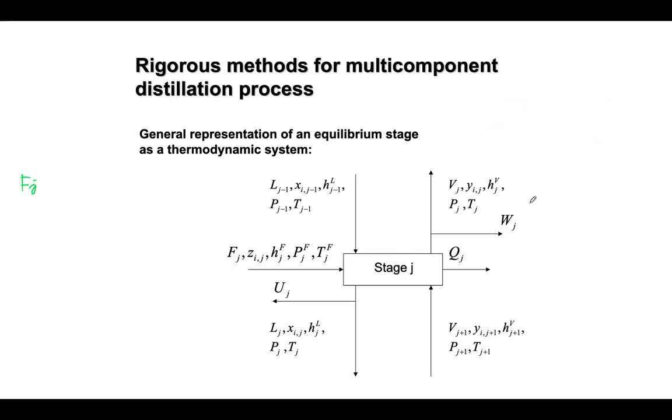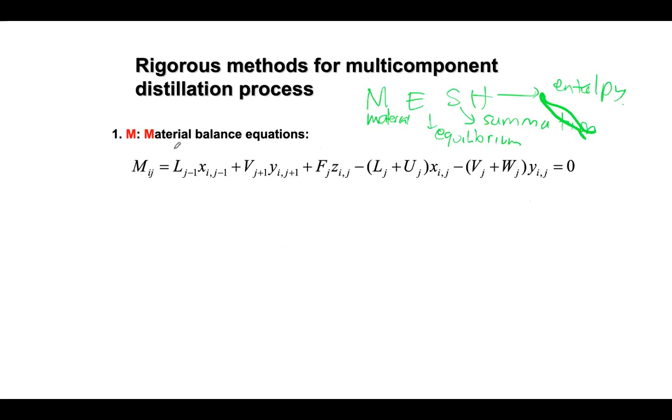So it's basically really about mass balance. If we write the mass balance, it will become like this. The L from the previous stage multiplied by the X, plus V from the bottom stage multiplied by the Y, and then plus F, the feed, and minus the one that leaves, which is the liquid out, and also the side stream, and the vapor, and also the side stream in the vapor phase. Okay, so that's basically the material balance equation.